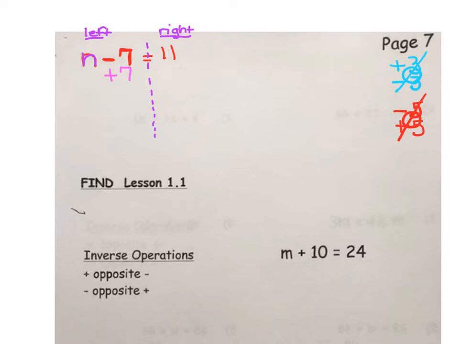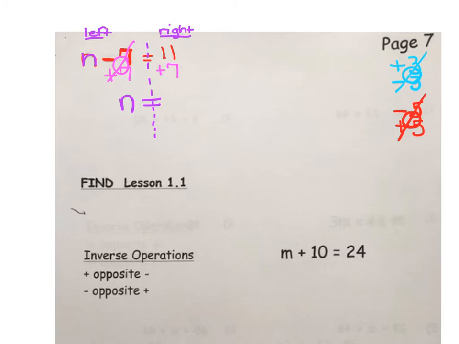But the golden rule of algebra is what you do to one side, you must do to the other. That gain of 7 will zero out the minus 7 or the loss of 7. And the n is isolated and on its own on the left side.